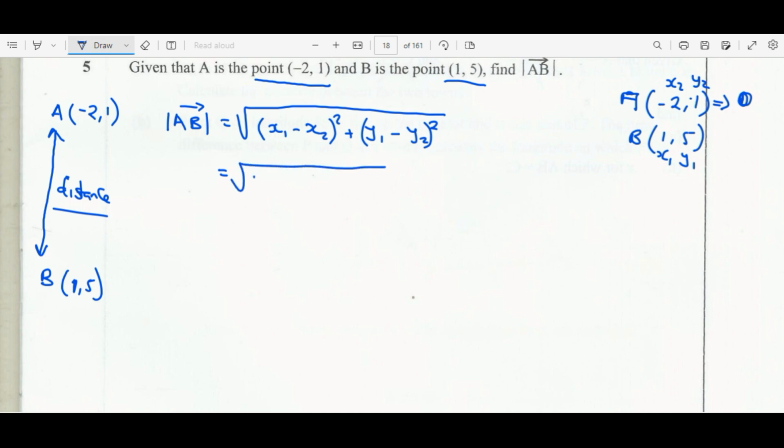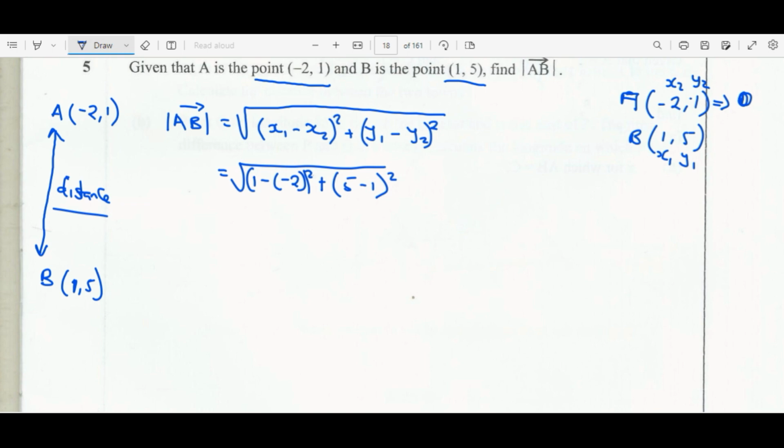We say 1 minus x2, where is x2? x2 is here, so it will be -2, and then we put a square there. Then plus open bracket, where is y1? We have 5 minus 1, and then you close the bracket to the power 2.